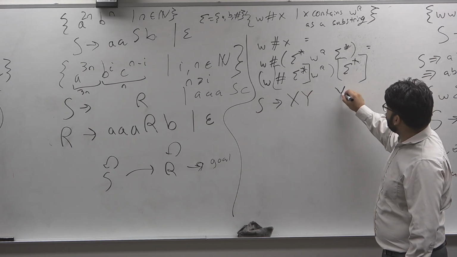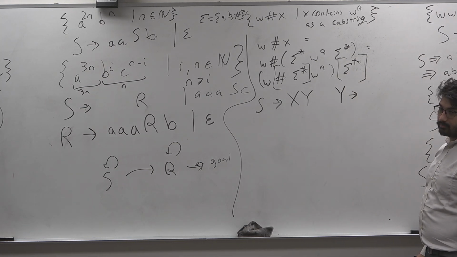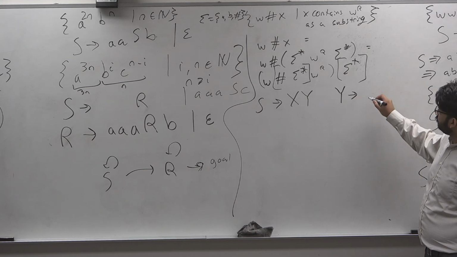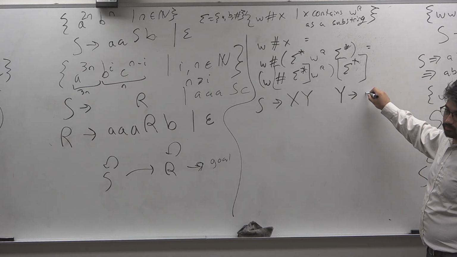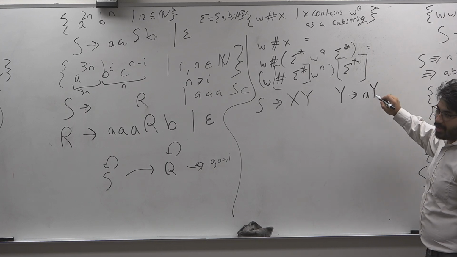So Y is going to go to what? A Y, B Y, hash Y? Yeah, I made a mistake. Let's suppose there's only one hash per string.